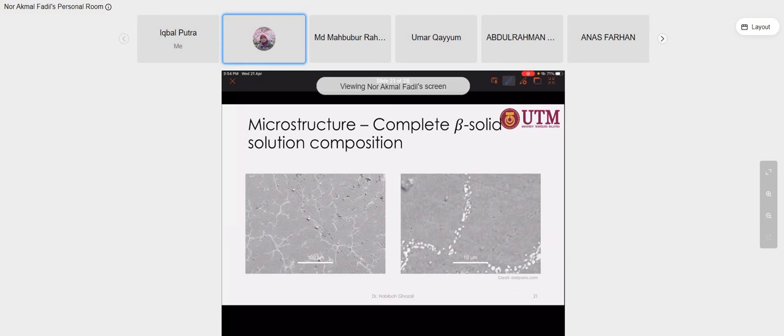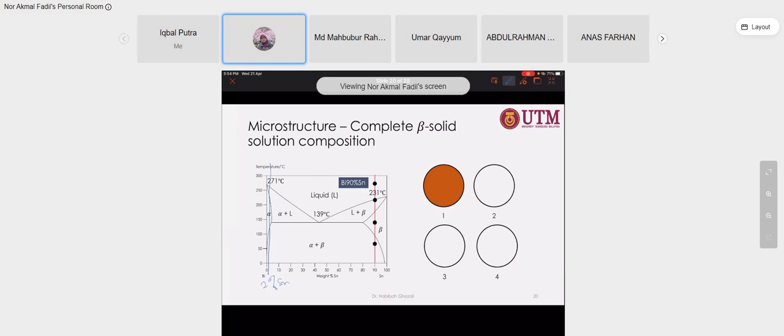You can sketch the microstructure. This is beta solid solution, and at the grain boundary is alpha. Why is it beta? Because when it starts to form a solid at this point, beta will form first and grow larger until it obtains one single phase of beta.